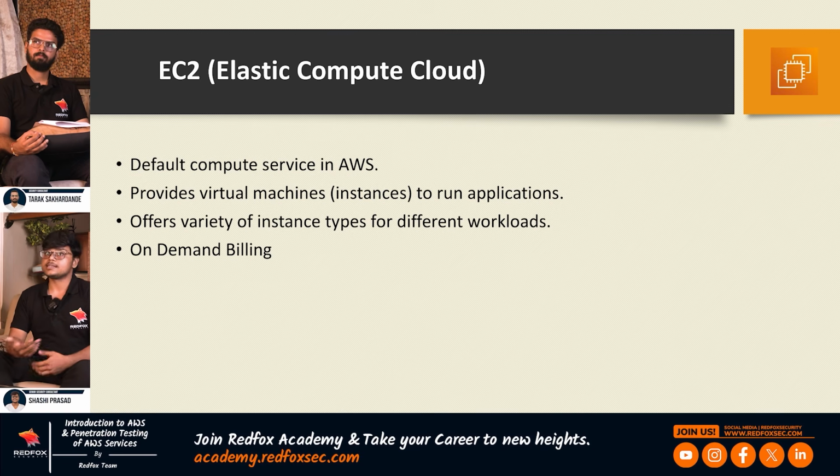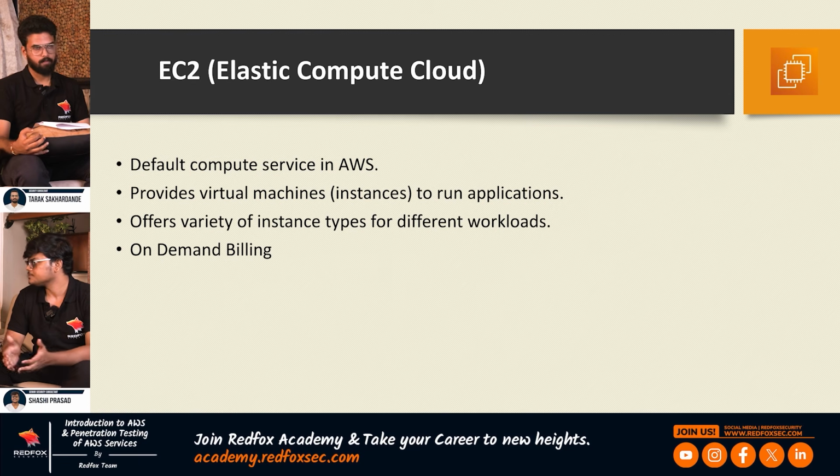So that's why, as I said, AWS is cheap, because if you want to go for a lower option, you can always go for that. That's good. Another thing is it is on-demand billing. So you only pay for the compute that you have used. If your instance is down, you don't have to pay for that. And anytime you can bring that instance up, and then you have to pay for that. Pay for the compute time basically.